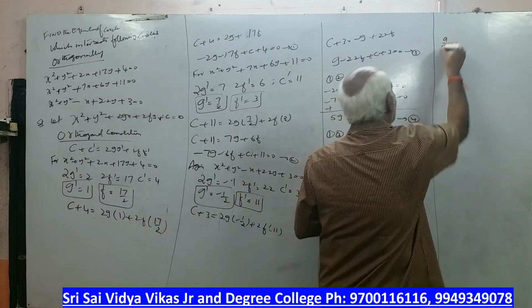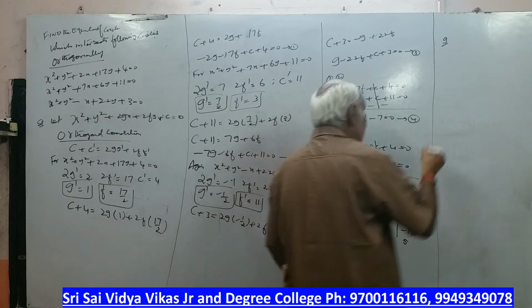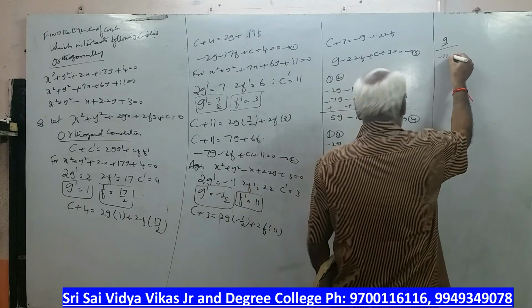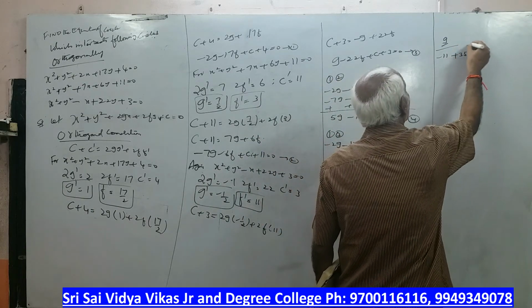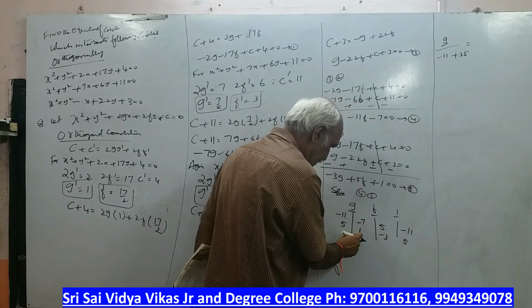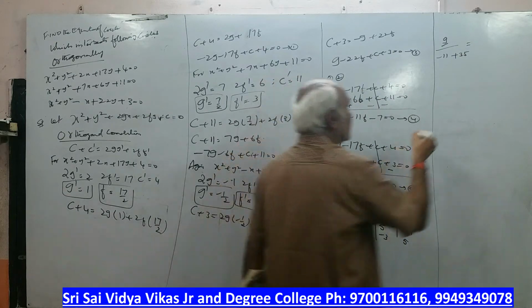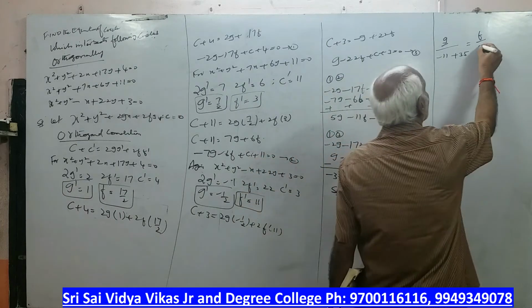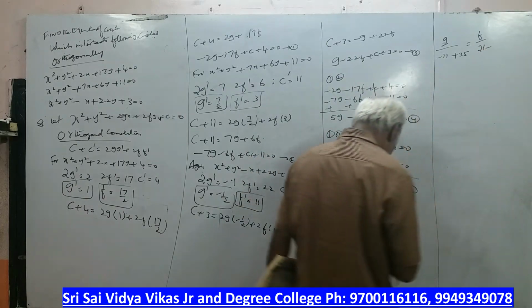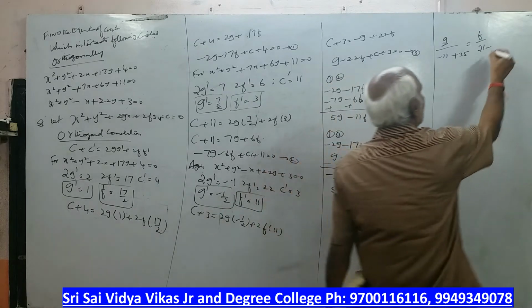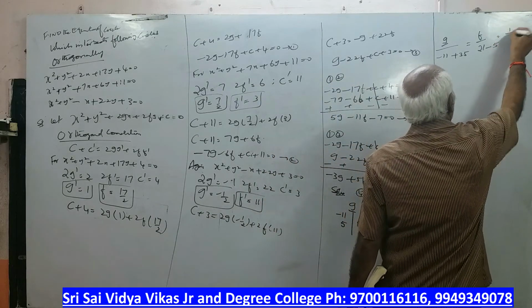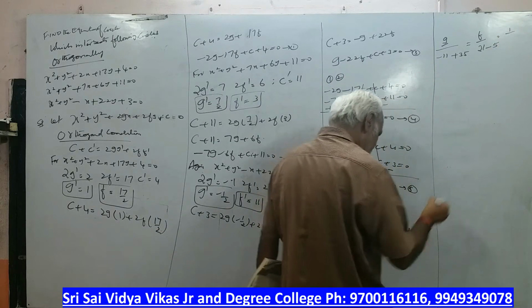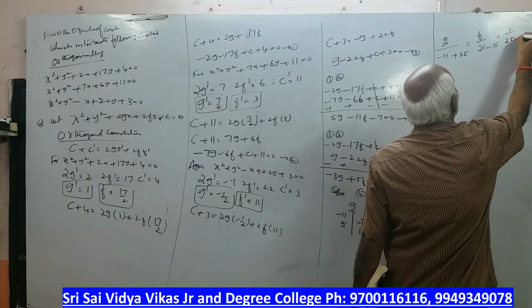Therefore, g by minus 11 plus 35, minus of minus is plus 35. Then f by 21 minus 5, is equal to 1 by 25 minus 33.